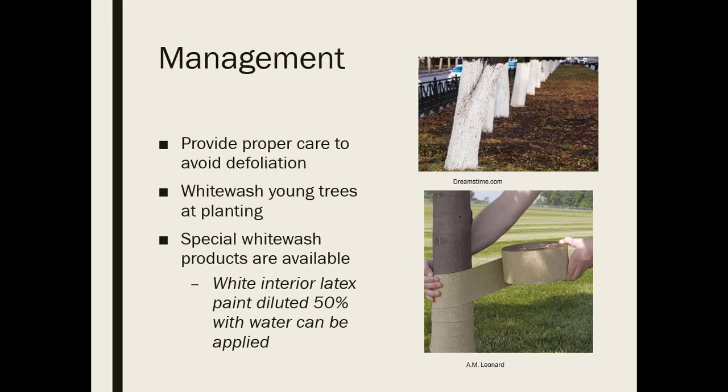So management includes proper care, whitewashing young trees at planting, and there are special whitewash products available. You can also use white interior latex. Needs to be diluted 50%. You can also use tree wraps, but be aware that you do not want to keep the tree wrap on the trees.